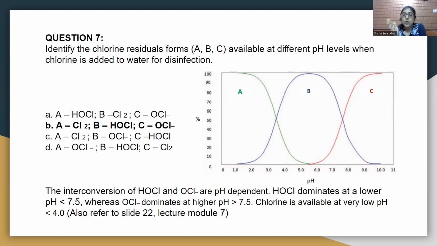At what pH is chlorine available in its own form? At what pH is it dissociated to hypochlorous acid? At what pH is hypochlorous acid dissociated to the hypochlorite ion? This is one important portion of chlorination that you need to focus on.